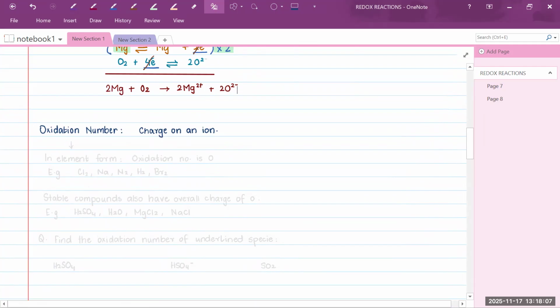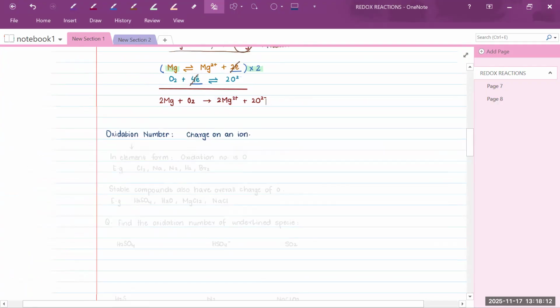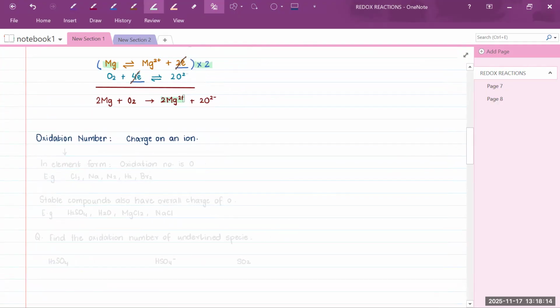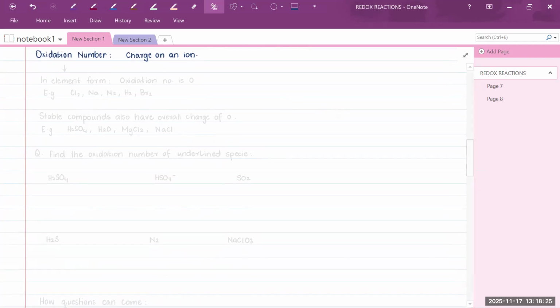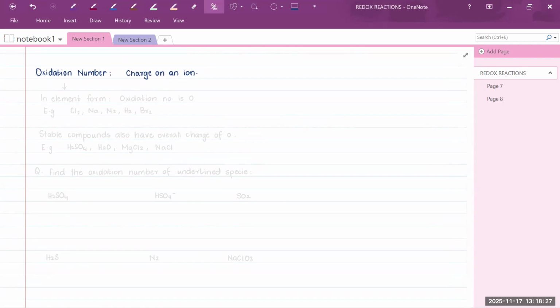As you saw, the charge on Mg is the oxidation number. You have to remember two most important things about oxidation number. In element form, oxidation number is 0.